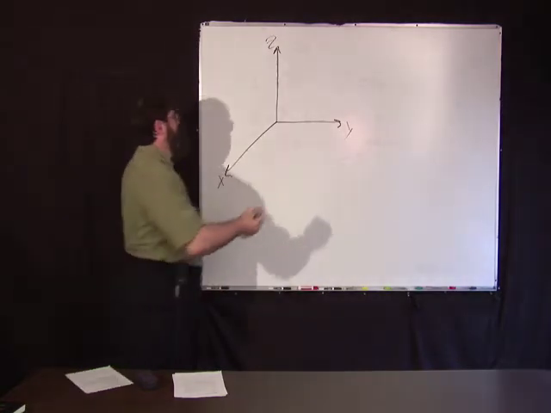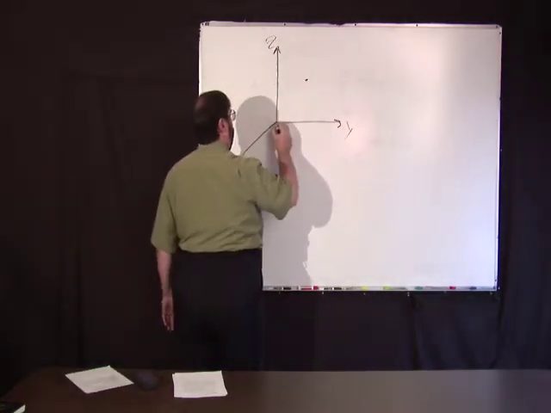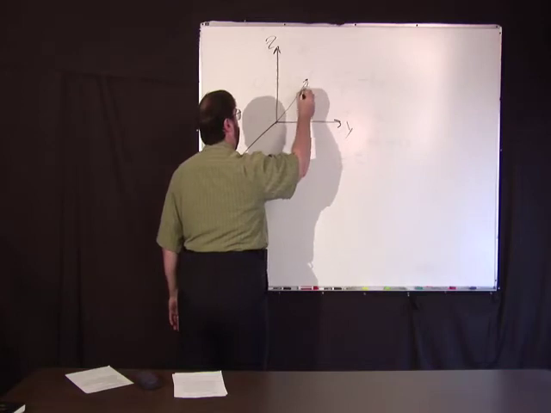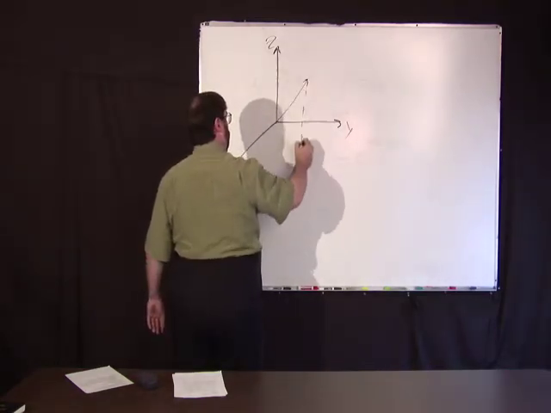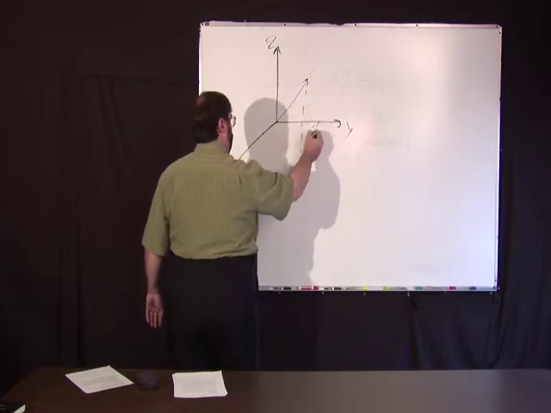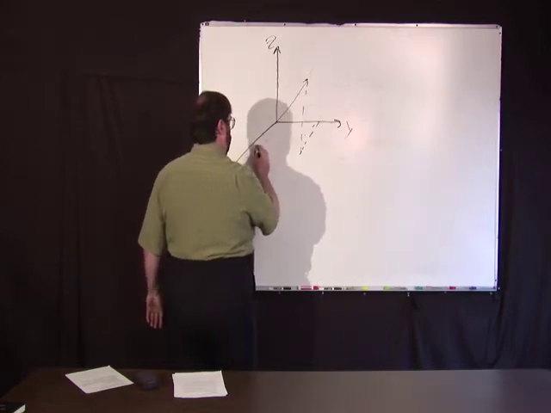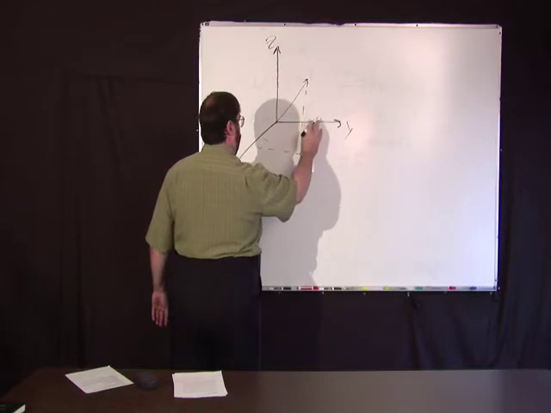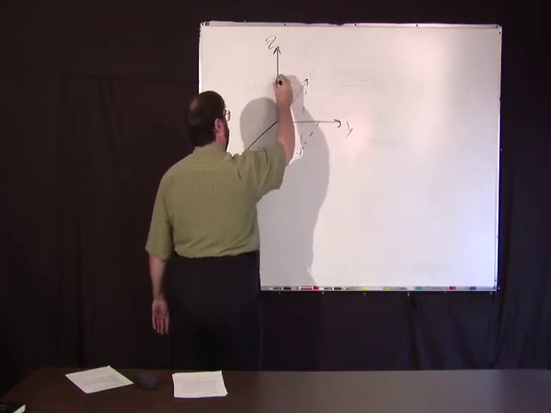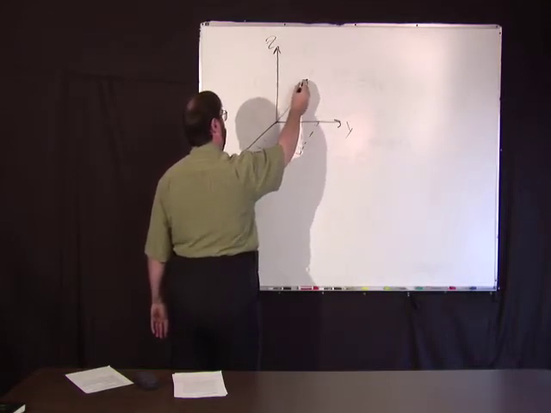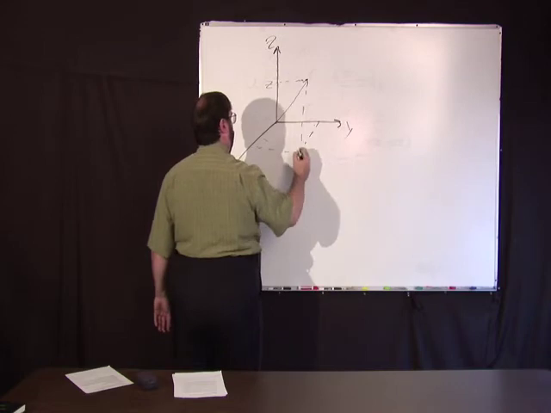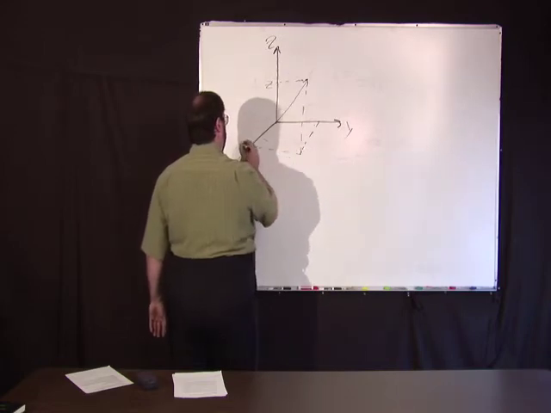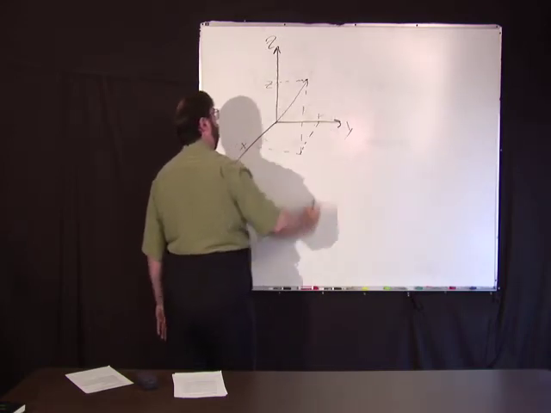So if you have some point out here, some vector, you need to know, let's say, this would be the height above this point, the z component. This is the x component and the y component.